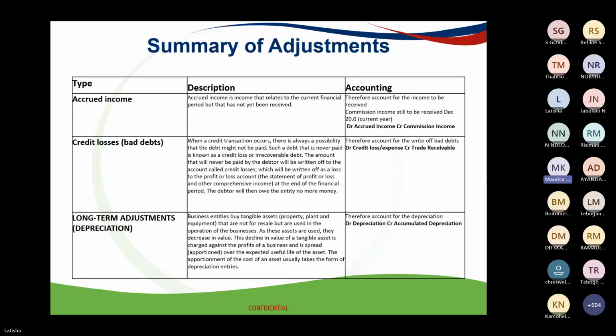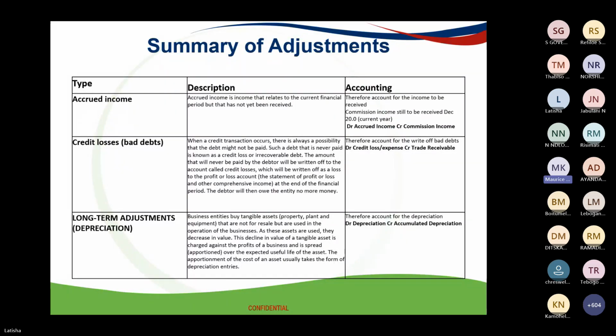The amount will never be paid by the debtor, but will be written off on the account called credit losses, which will be written off as a loss to the profit or loss account. At the end of the financial period, the debtor will then owe the entity no more. How do we account for that?